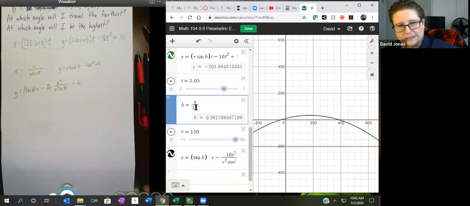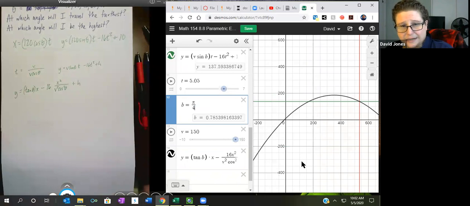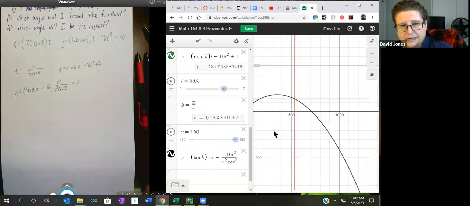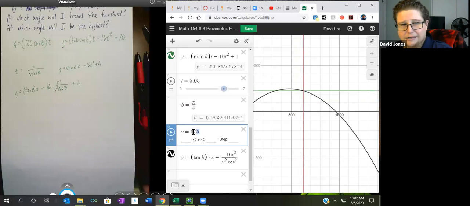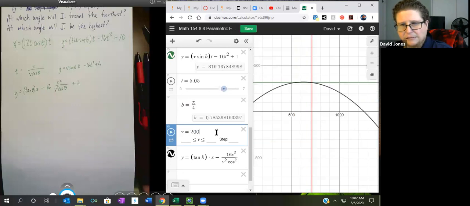It's like pi over 4 got the farthest. And you'll notice as v goes up, I go further, which makes sense. I'm traveling faster.